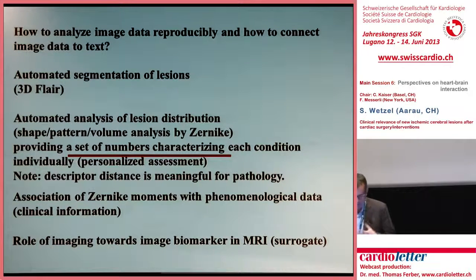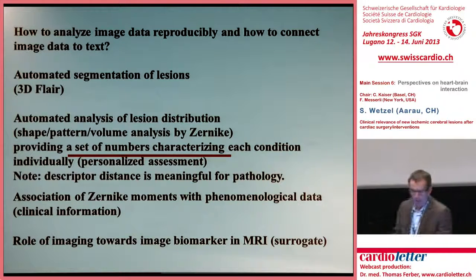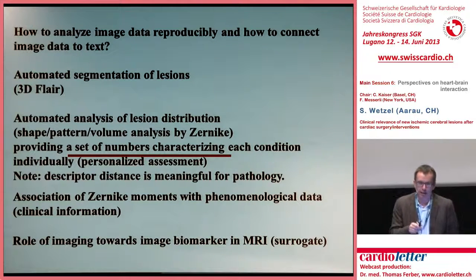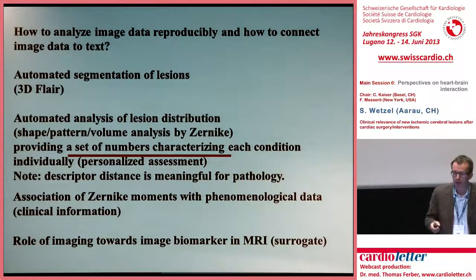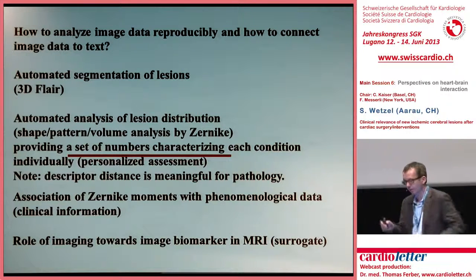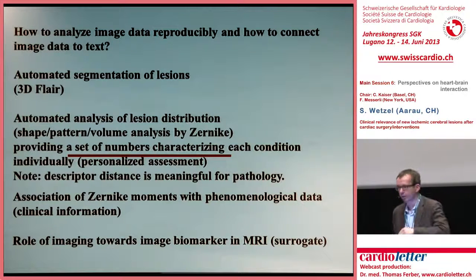Now this is a lot of data, but you can now define numbers to patterns. It's a mathematical method based on methods developed by Zernike. You can assign clusters and assign them to numbers and then correlate them with the clinical outcome. That means you could have in the end, maybe, that's an idea, a look at the MR image and you say this patient, if he has only slightly more DWI lesions, he might really suffer from cognitive decline.